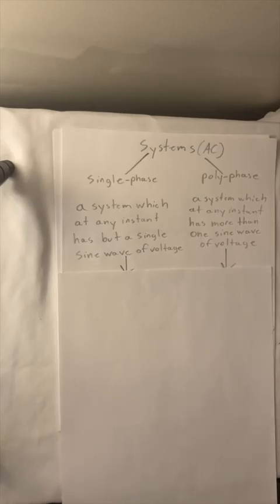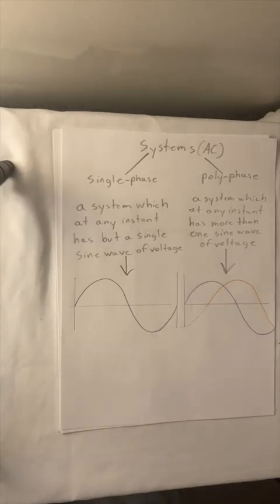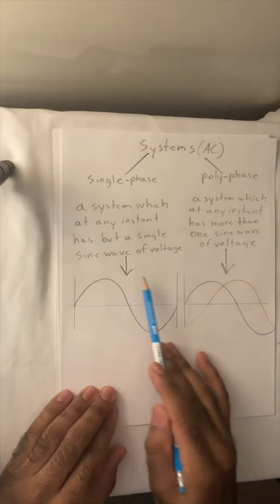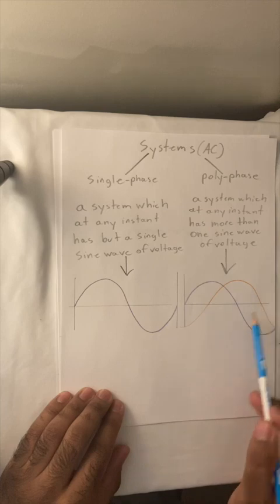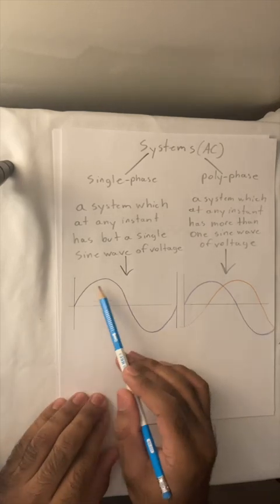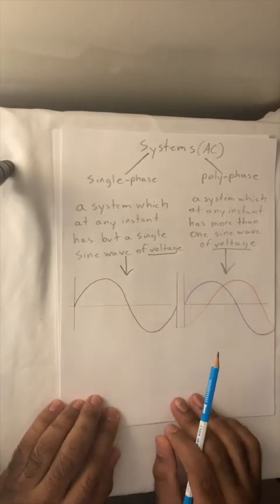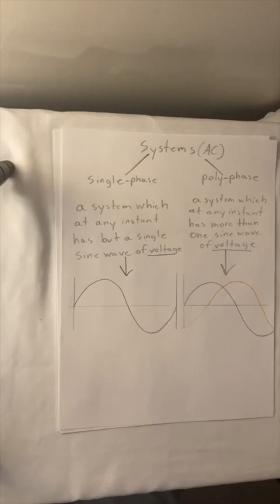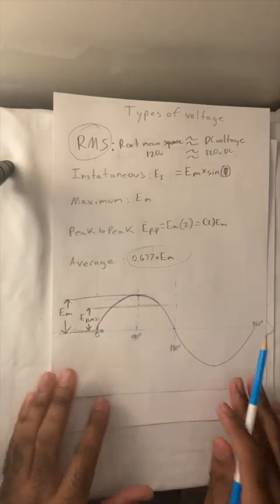That basically means the following. This is an example of a single phase system. This is an example of a polyphase system. These are going to be voltages. As we discussed previously, the voltage of an alternating current system is a sine wave.